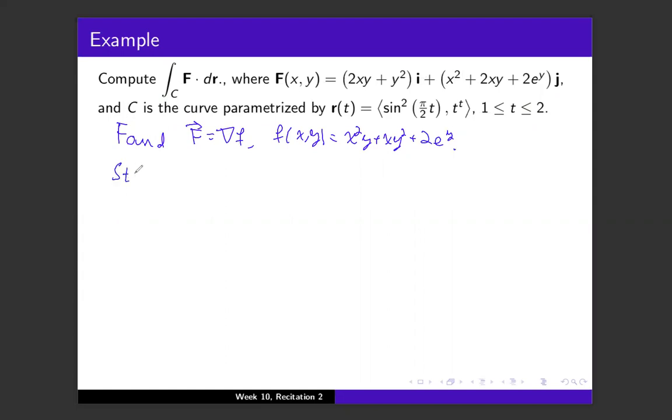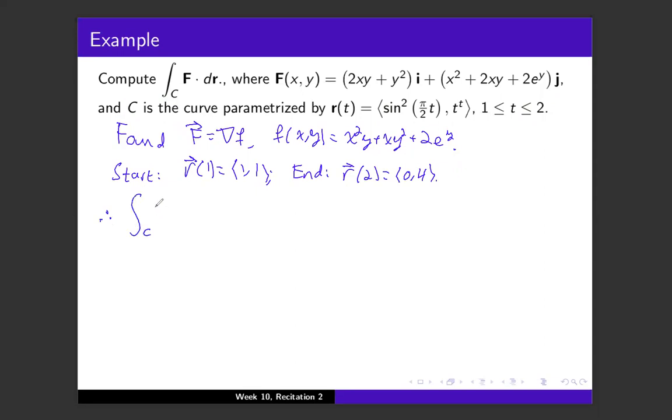The start is r of 1, which is the point (1, 1). The end is r of 2, which is the point (0, 4).